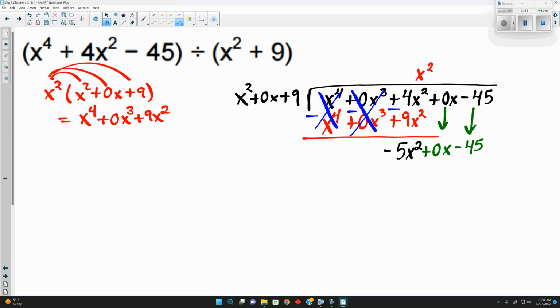Because now we're trying to see what times x squared gives us negative 5x squared. Well, we already have the x squared, yes? All we need is the minus 5. We wouldn't have that if I had left it as 0x cubed. But what times x squared gives us 0x cubed? 0x. So it doesn't add anything. So now we're doing negative 5 times x squared plus 0x plus 9.